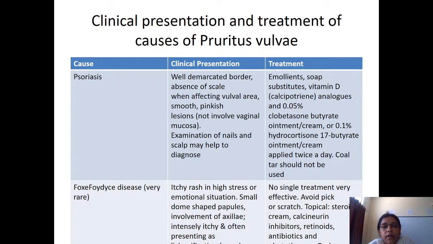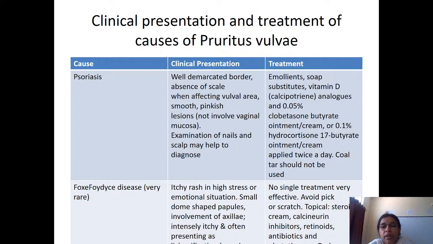And then the other condition is psoriasis. You know well that the lesions of psoriasis will have a well demarcated border and absence of scale when affecting the vulval area, and the lesions tend to be smooth pinkish lesions, and sometimes even the nails and scalp may be involved as well.